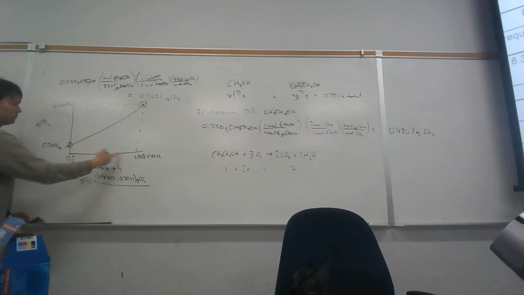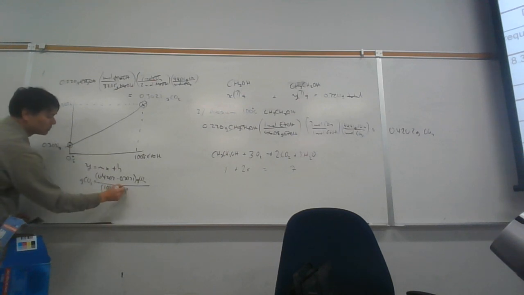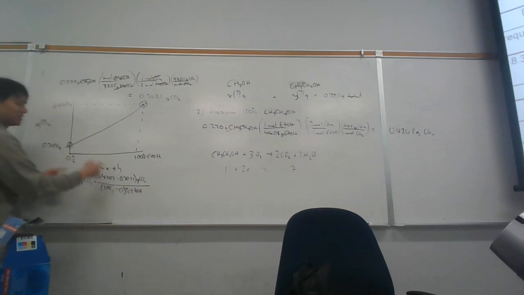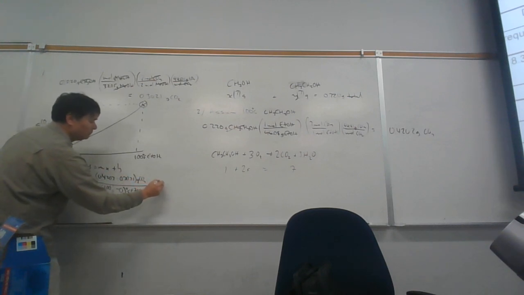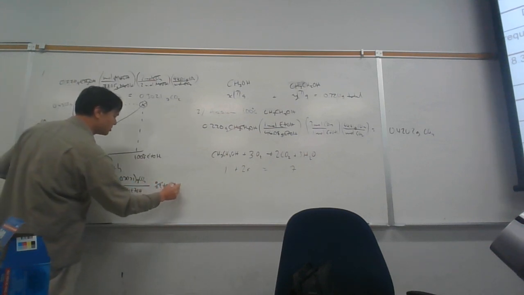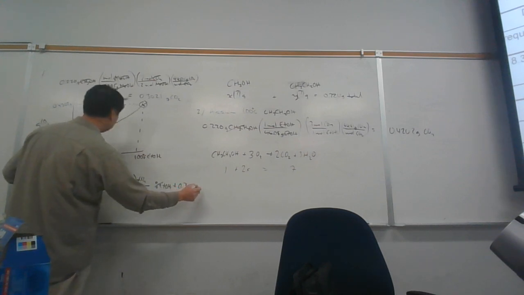Delta x is 100 minus 0% ethanol, times x, where x is going to be the percent ethanol, plus the intercept, 0.3021 grams of CO2.